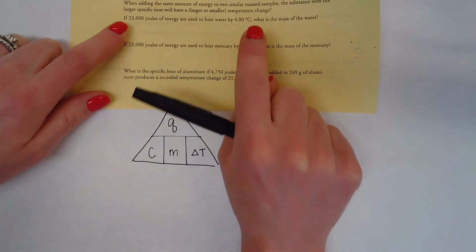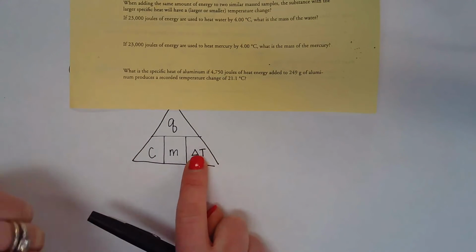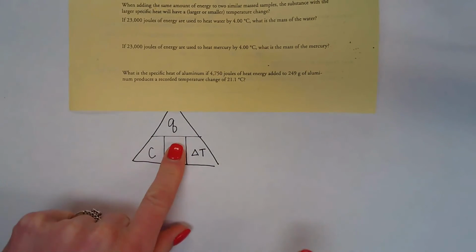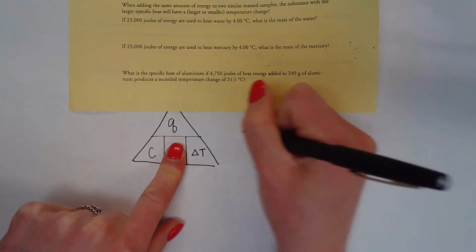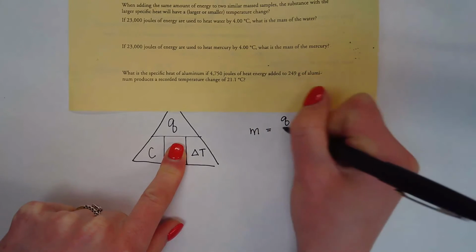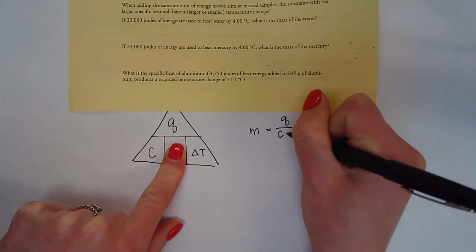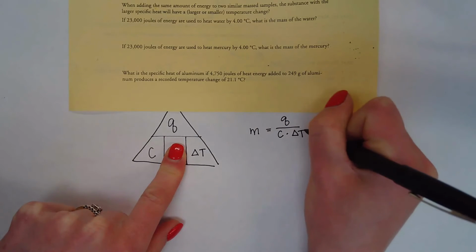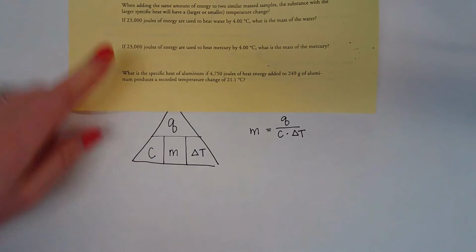So currently we have Q, C, and delta T, and we're looking for mass, which means we would need to cover the mass, and we know that to calculate mass, that's going to be equivalent to Q over C times delta T.